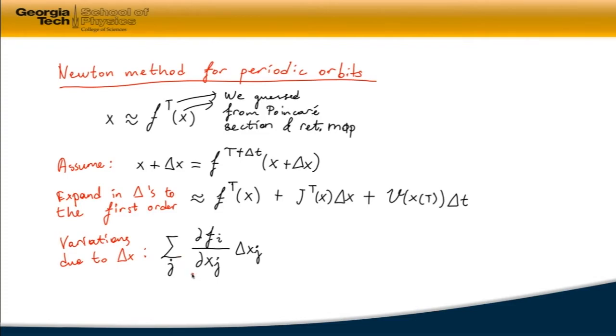But this partial derivative is precisely the definition of ijth element of the Jacobian, so we can write this variation compactly as a matrix product.